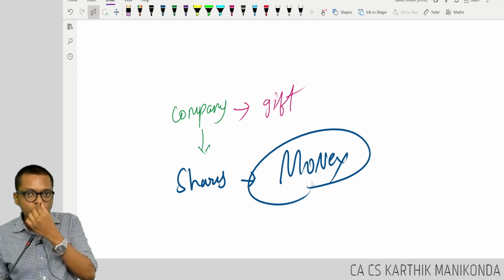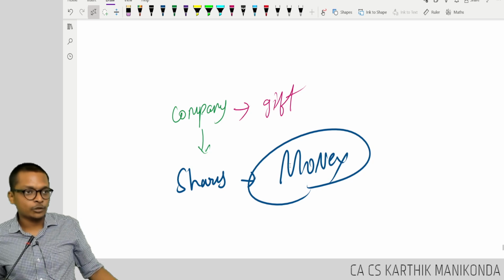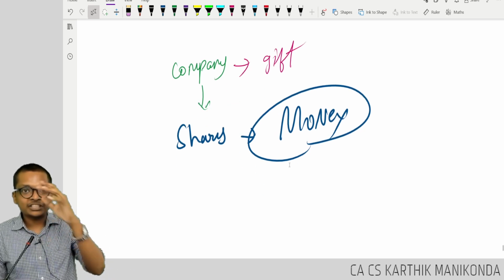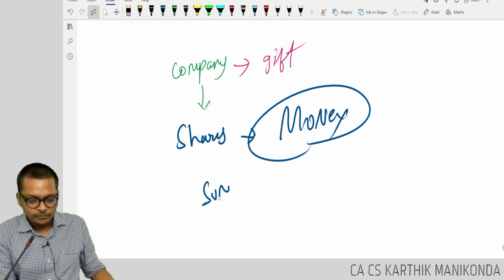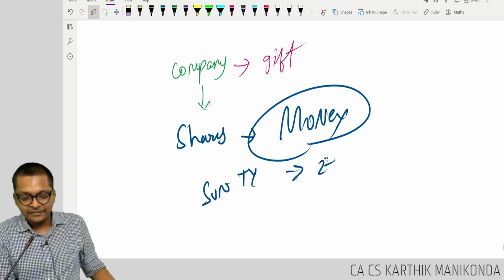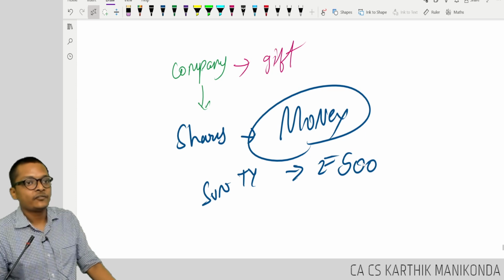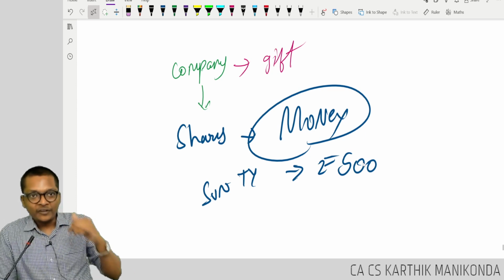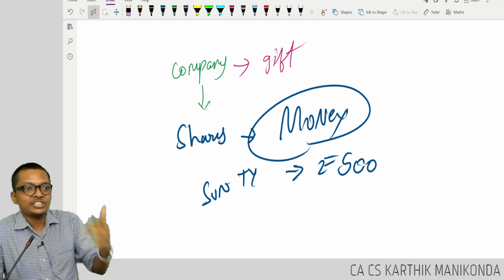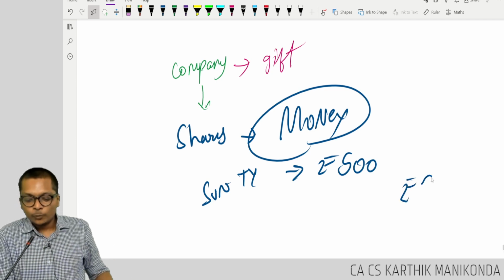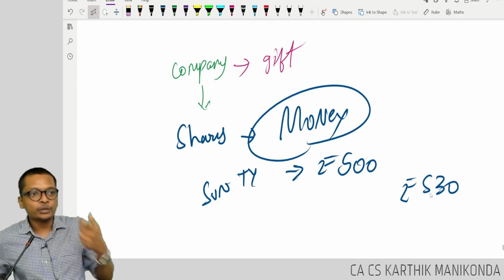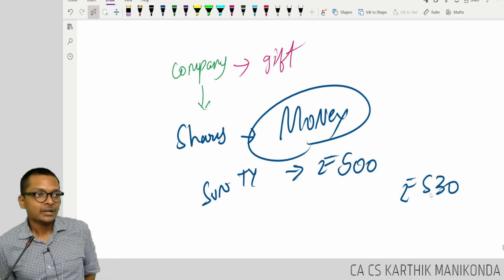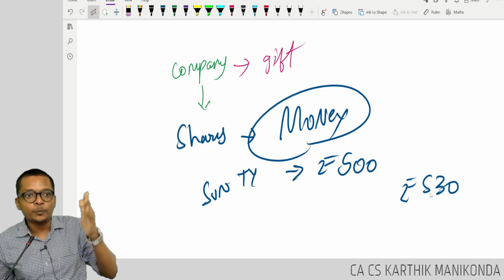Okay, what is rights issue? Raising money from existing shareholders. So, let's say you are a shareholder in Sun TV. I am Sun TV. And let's say one share of Sun TV is priced at 500 rupees. Now, I want more money, so I am issuing more shares. If I ask you for 530 rupees per share, will you give 530? No. In the market itself, it's 500. Why will you pay 530?